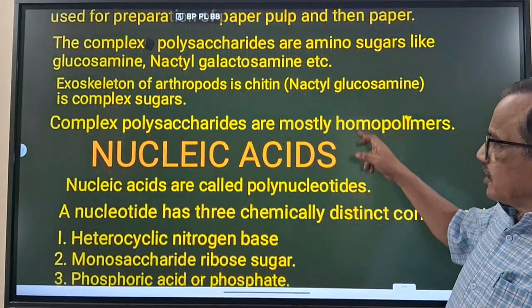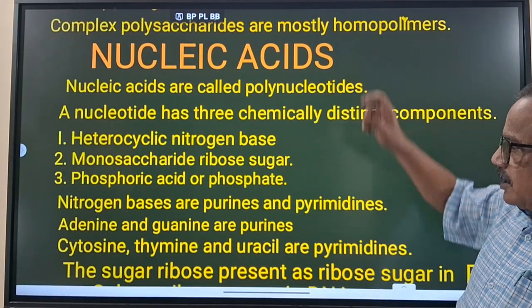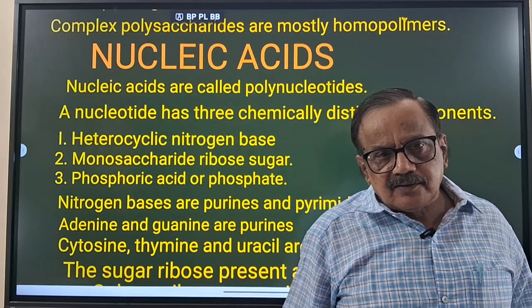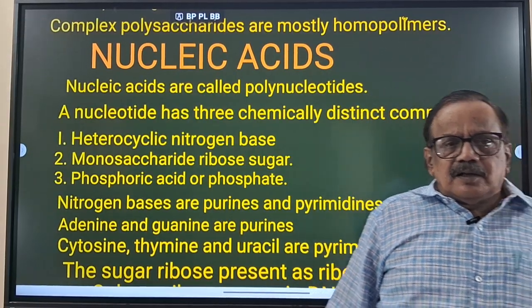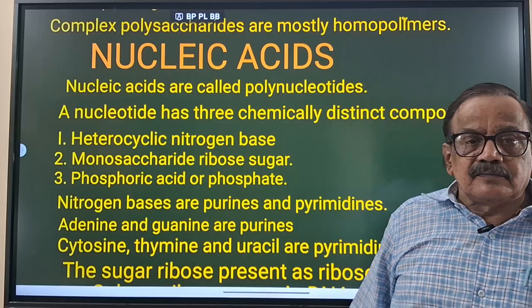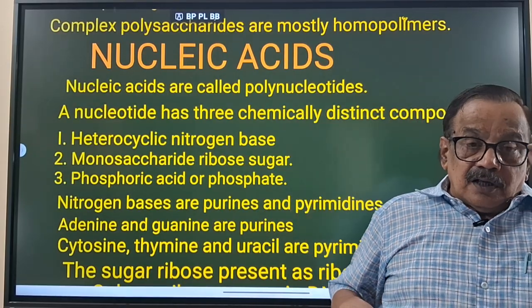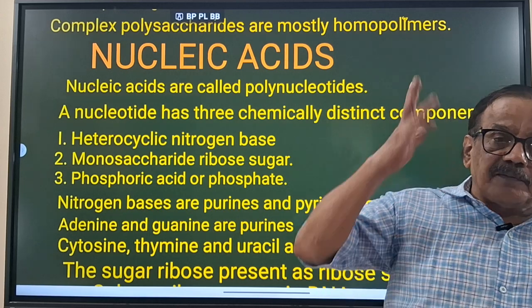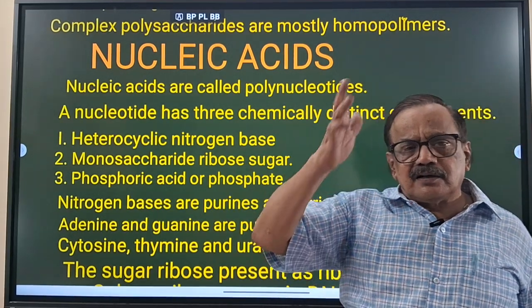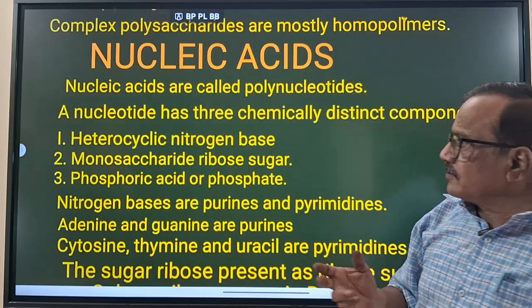Now we'll see about the nucleic acids. Nucleic acids are most important as the genetic material. Nucleic acid is a big macromolecule with a large molecular weight, about 10,000 daltons, which we already studied last time.